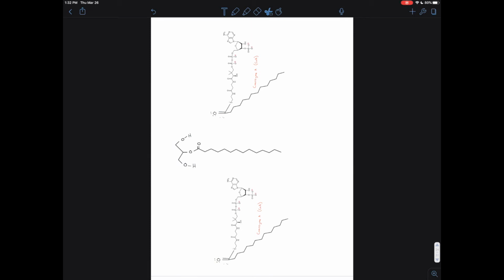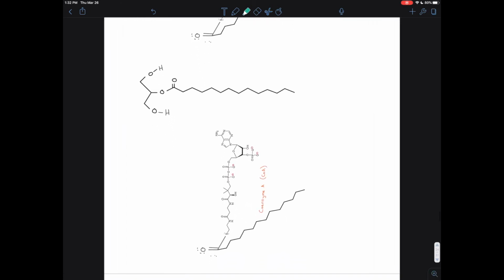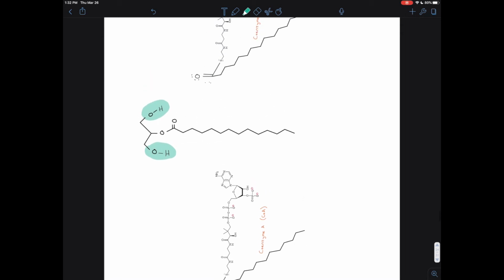So these pieces are going to be reattached through nucleophilic acyl substitutions. In this case, the nucleophiles are ultimately going to be the OHs on the monoacyl glycerol. So this glycerol already has 1 acyl group there. It never left. It's a small enough piece to travel into your intestinal mucosa.